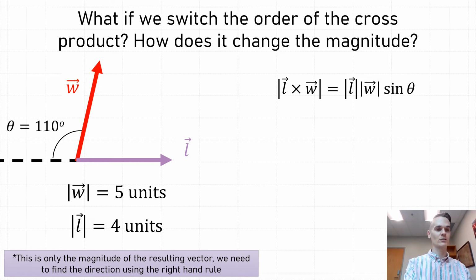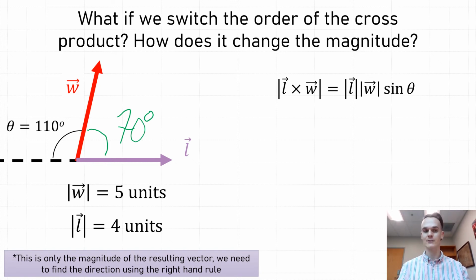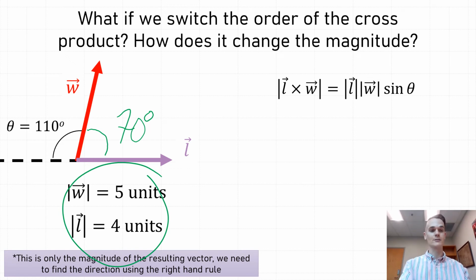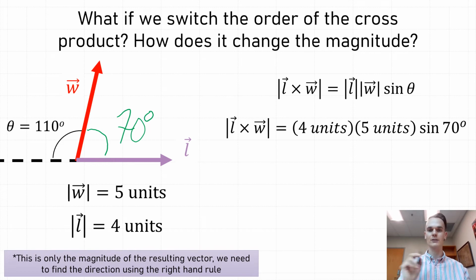So I've drawn these two vectors tail to tail over here. We want this angle, which is going to be 180 degrees minus 110 degrees. And then we also have the magnitudes of the vectors given over here. So let's go ahead and plug those values into the definition of the magnitude of the cross product. We have the magnitude of vector L multiplied by the magnitude of vector W multiplied by sine of 70 degrees.